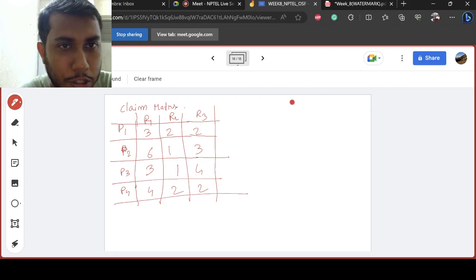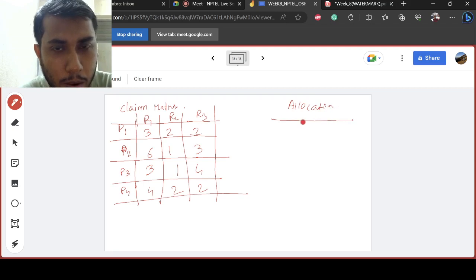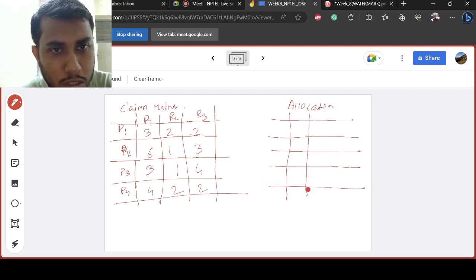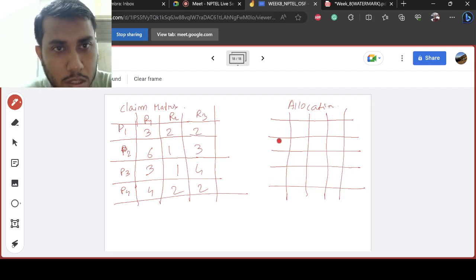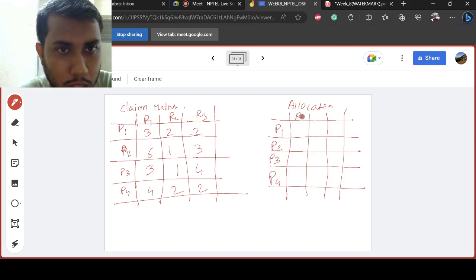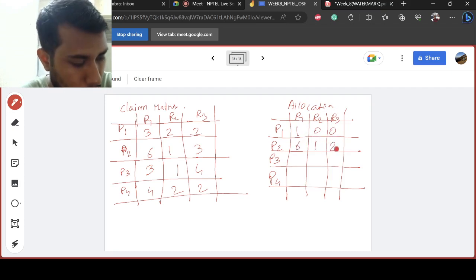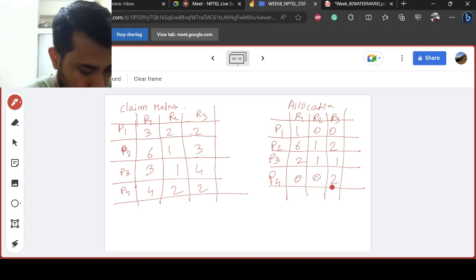And then you have your allocation matrix that represents the current allocation. It will become something like this, for P1, P2, P3, and P4 and R1, R2, R3: 1, 0, 0, 6, 1, 2, 2, 1, 1, 0, 0, 2.